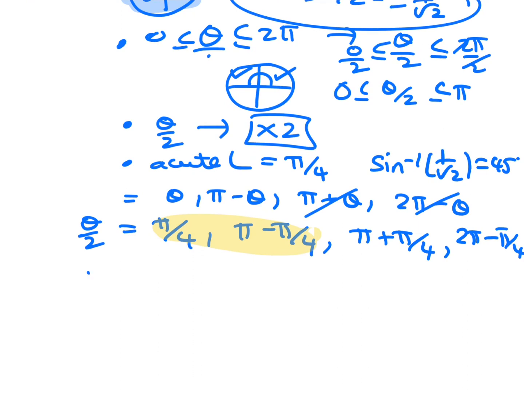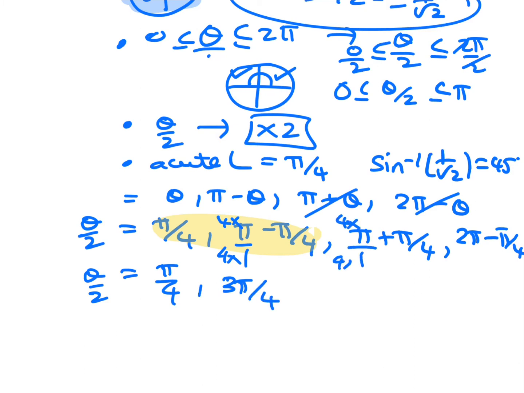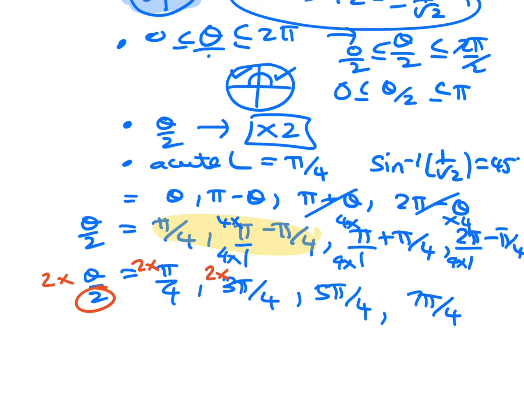Okay, so continuing with this, theta on 2 equals pi on 4. If you times that by 4 and that by 4, 4 minus 1 is 3, so that's 3 pi on 4. 4 plus 1 is 5 pi on 4, and times 4 times 4, so it's 8. 8 minus 1 is 7 pi on 4. So now you've got this 2 here, so you times everything by 2.